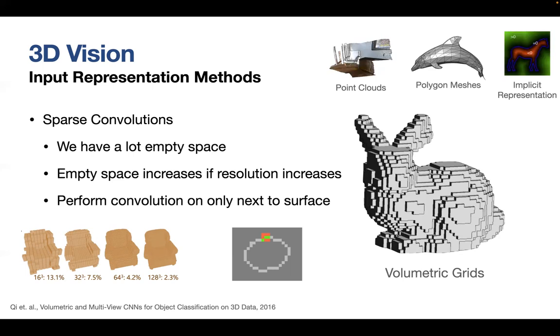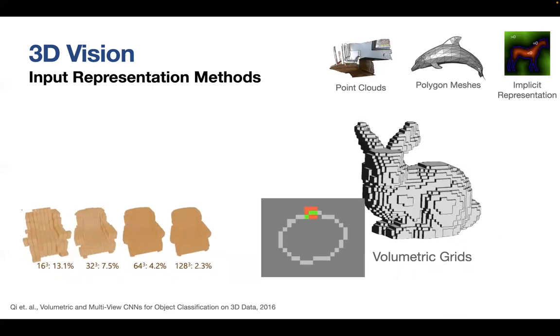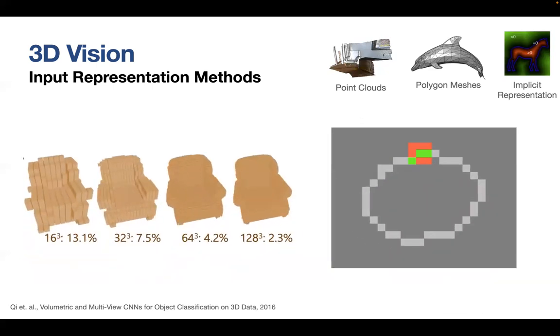There is also another observation: if resolution increases, the amount of empty space in the grid increases as well. We can see this in these two pictures. On the left-hand side, we have 4 chairs, all represented by volumetric grids of different resolutions. On the left-hand side, 13% of the whole grid is occupied.